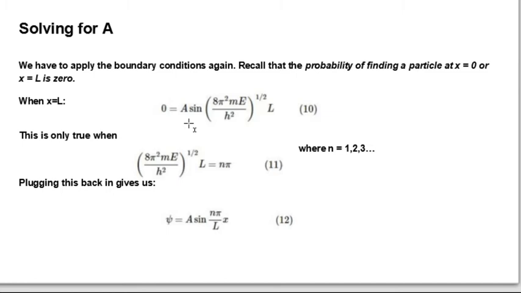And we know a sine function is 0 only for integral multiples of pi. So this term, 8 pi square me by h square, the whole raised to half L equals n pi, where n is an integer 1, 2, 3, etc. Then only this boundary condition will be satisfied.